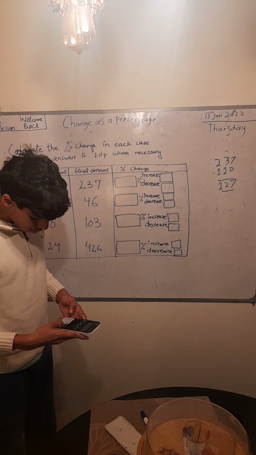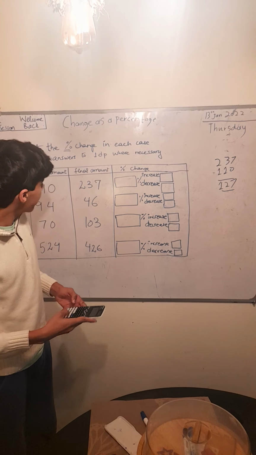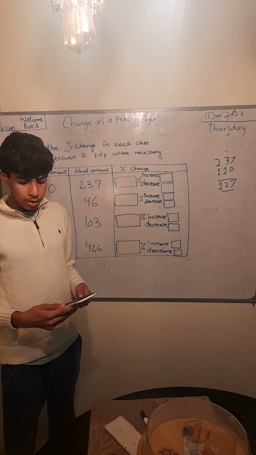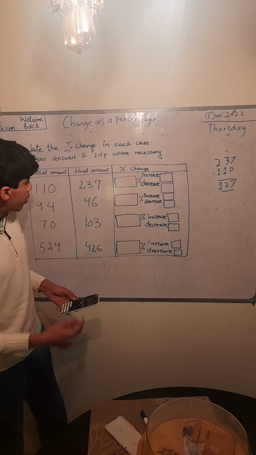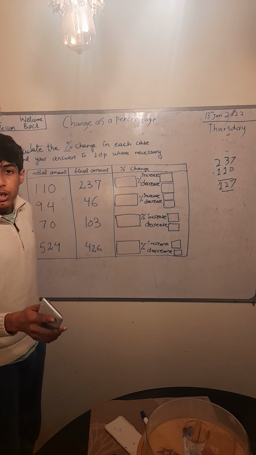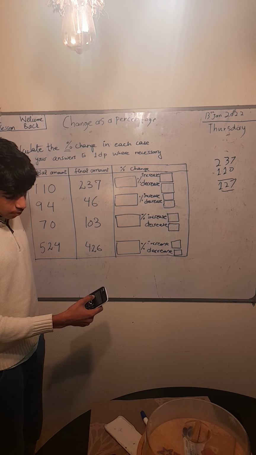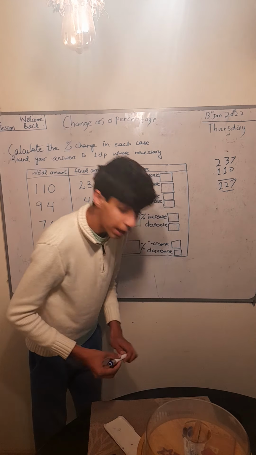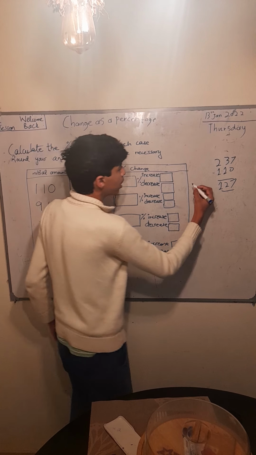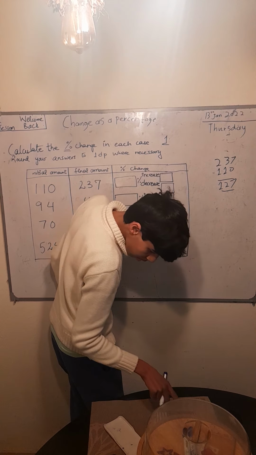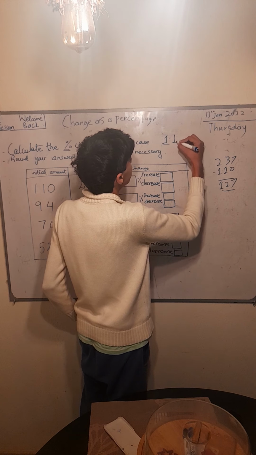Let's see. 127 divided by 110. So we get 1.154. Now what we have to do is multiply this amount by 100. Let me write it so that it could be easier. 1.154.